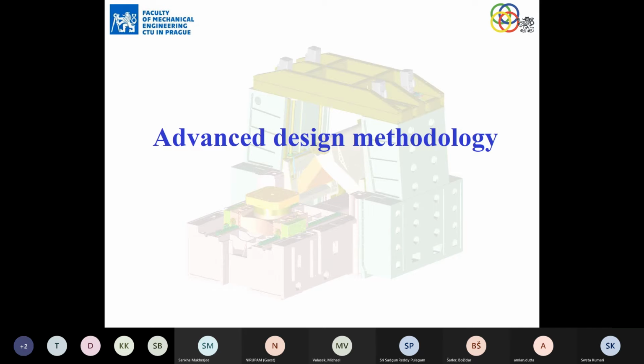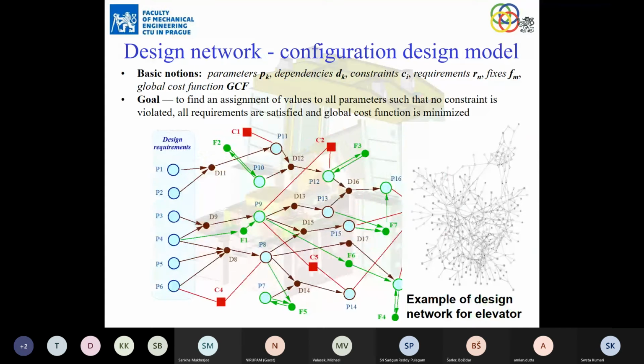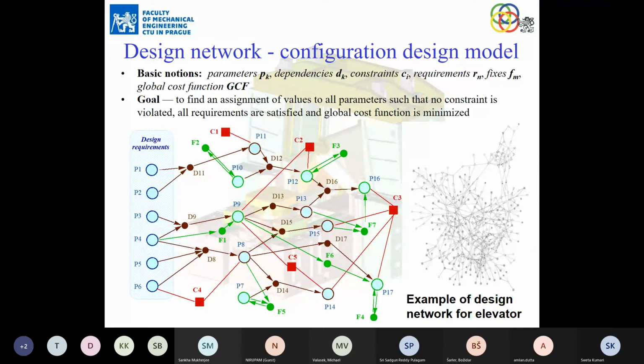So advanced design methodology comes from analysis of standard configuration design for complexity reduction. Configuration design is a standard procedure in each design approach.